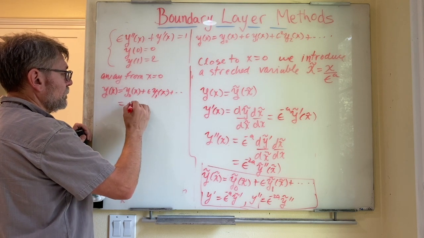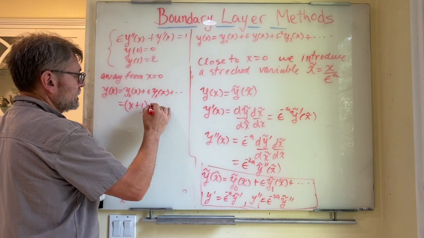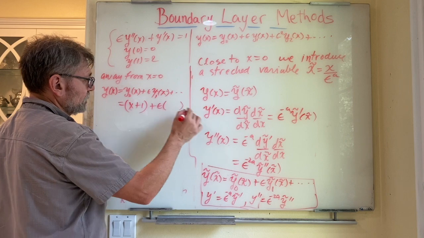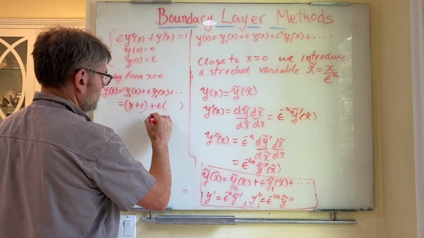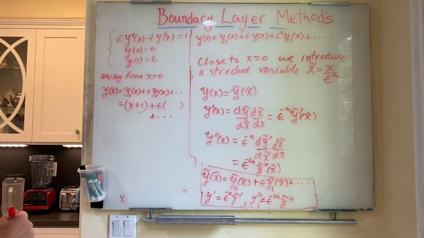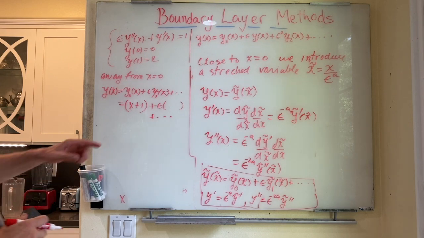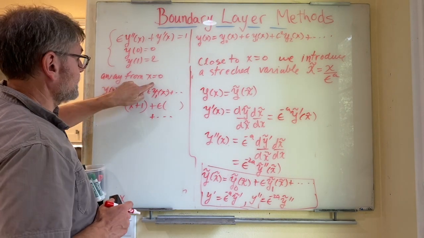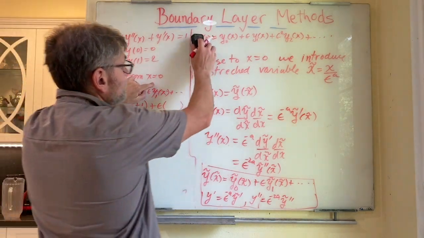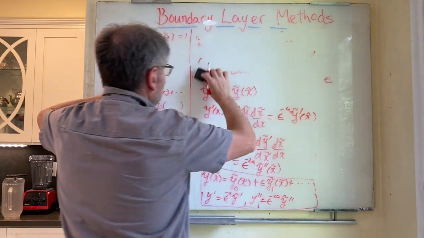I got x plus 1 plus epsilon times something, which I didn't solve, plus dot dot dot. And now we go close to x equals 0. What do we have?